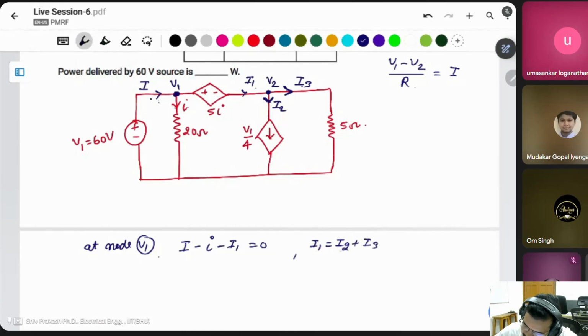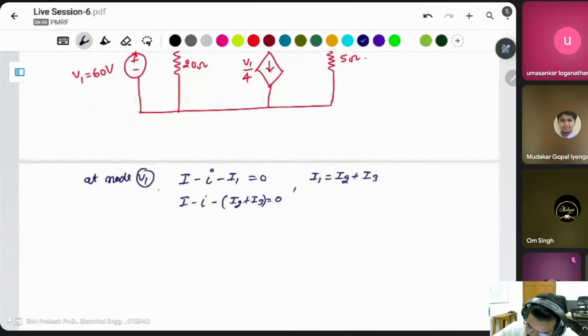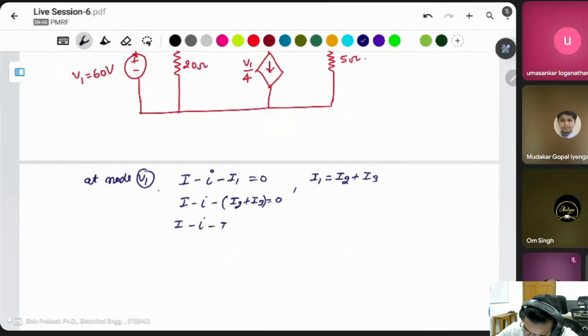Then in place of I1 you can directly write I2 plus I3. It means the total KCL is I minus I2 minus I3 is equal to 0.